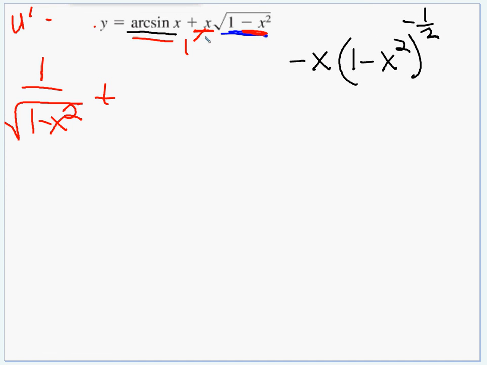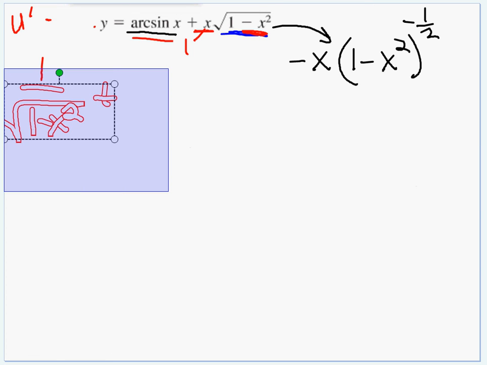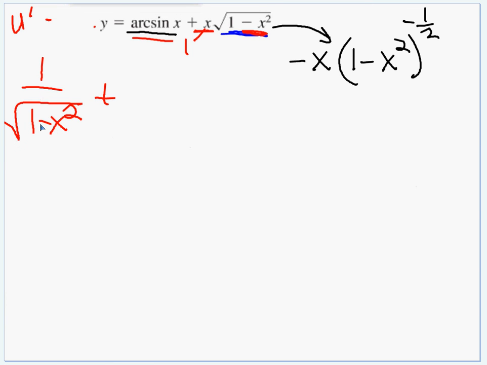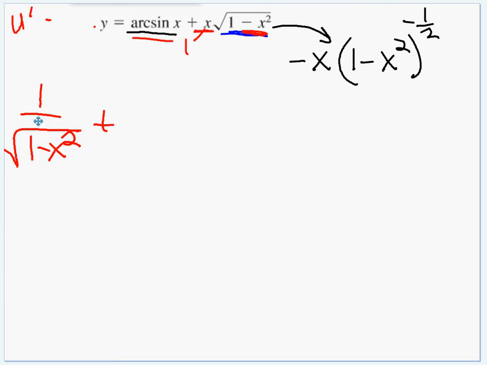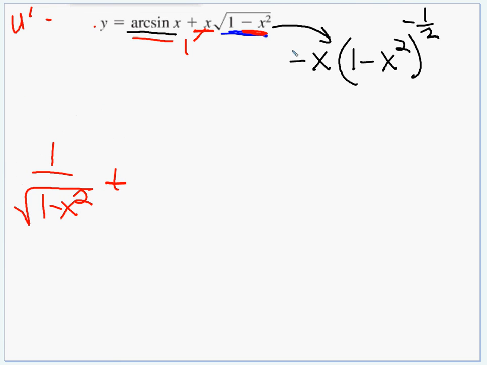So we have x and its derivative 1. We have that radical and its derivative right there. So let's do the product rule. And actually, so I have a little more room, I'm going to move this down here a little bit. Okay, so we're going to have the first thing, x, times the derivative of the second thing.